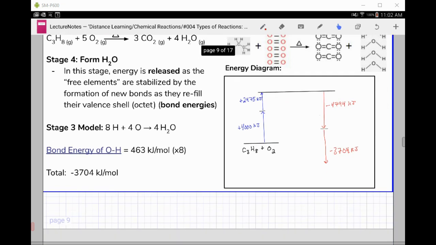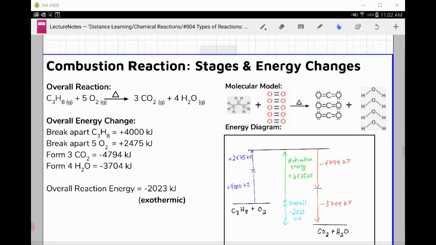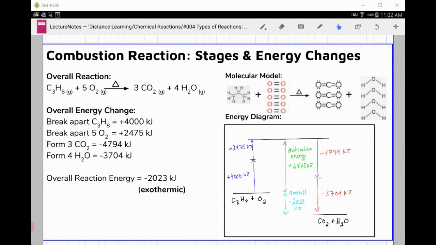At that point, we'll have formed all of our products, giving us an overall energy change of negative 2,023 kilojoules. The total activation energy needed to get this reaction going and break all of those bonds is a positive 6,475. And so this diagram here gives us the overall energy change of this reaction.